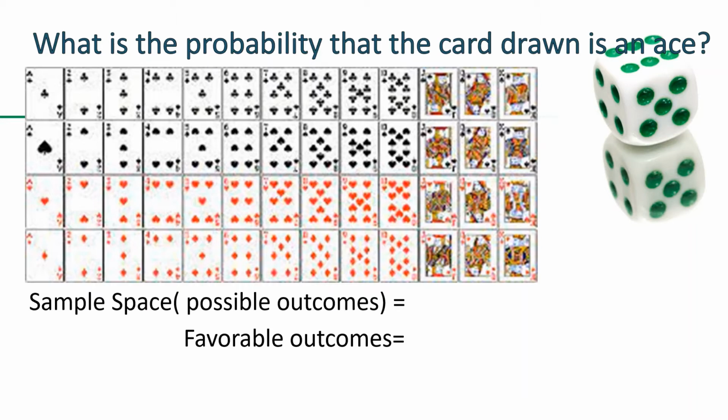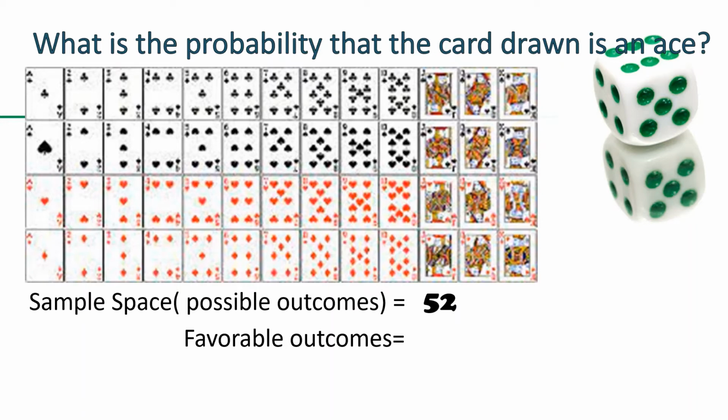Okay, so tingnan natin lahat ng sample space o yung tinatawag natin na possible outcomes. In a deck of cards, ilan ang card na meron tayo? Okay, correct. So there are 52 cards. So yan ang ilalagay natin sa sample space. Okay, so ano naman ang mga favorable outcomes natin? For the favorable outcomes, titingnan natin kung nasaan yung mga ace.